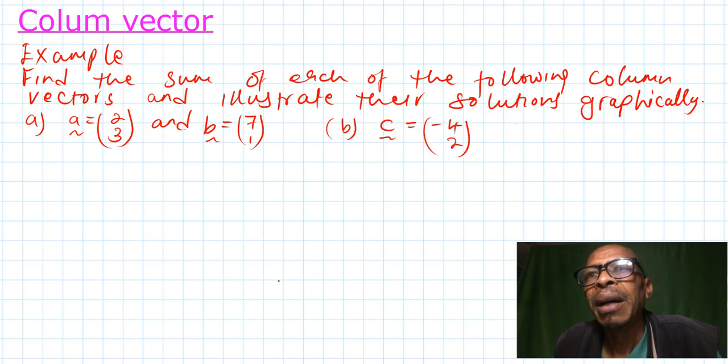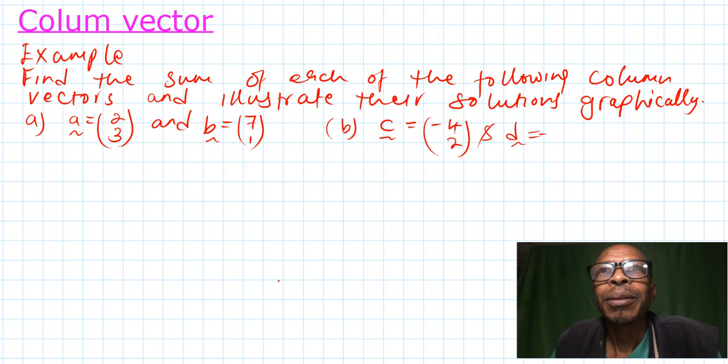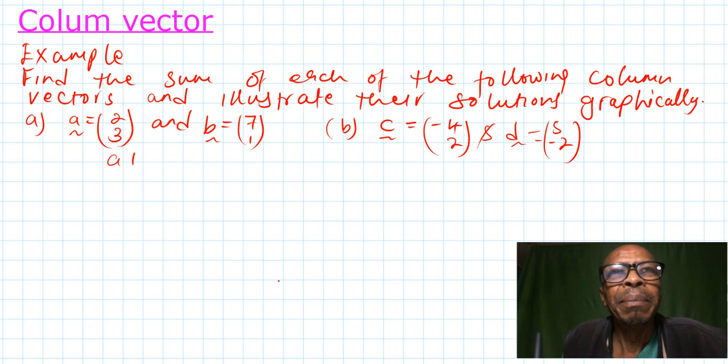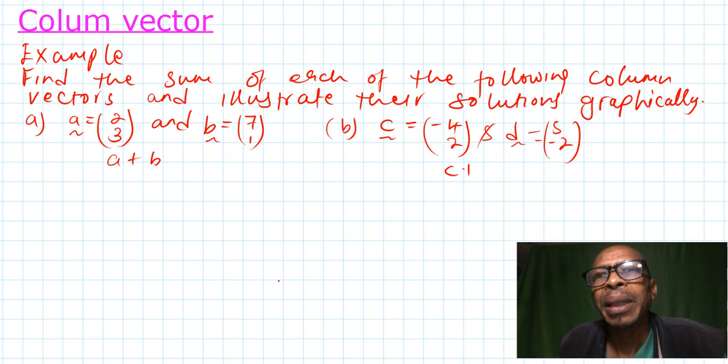And D is equal to 5, -2. So when you are adding these, we can say A plus B and C plus D.